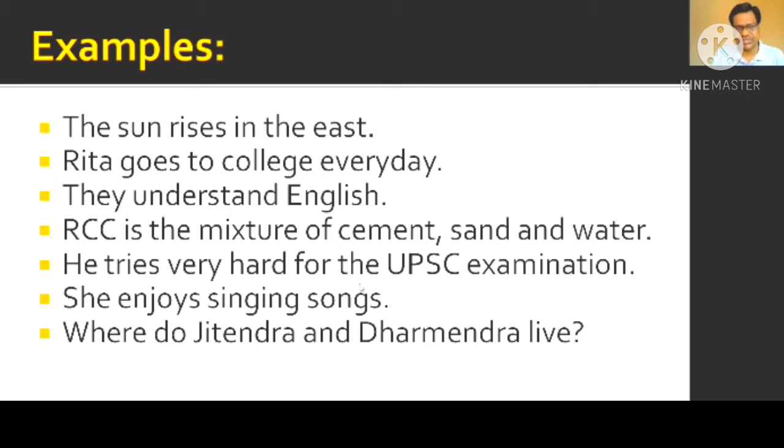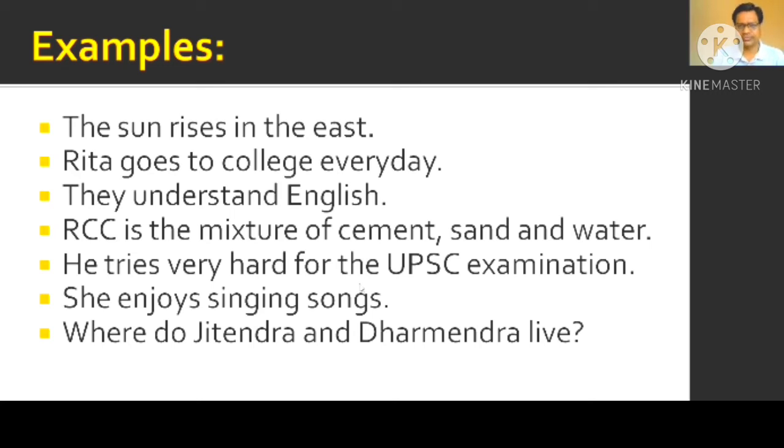Now you see the subsequent sentence. He tries very hard for the UPSC examination. I hope you know about MPSC, UPSC. Maharashtra Public Service Commission conducts the competitive examinations for class 1, class 2 positions within the state.